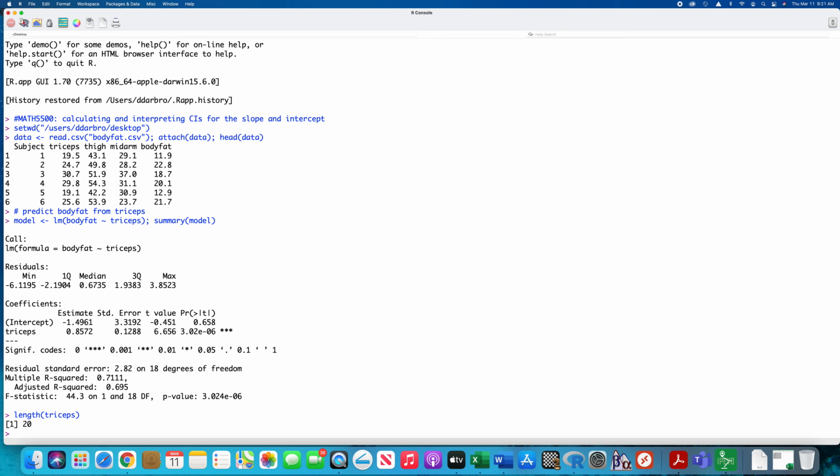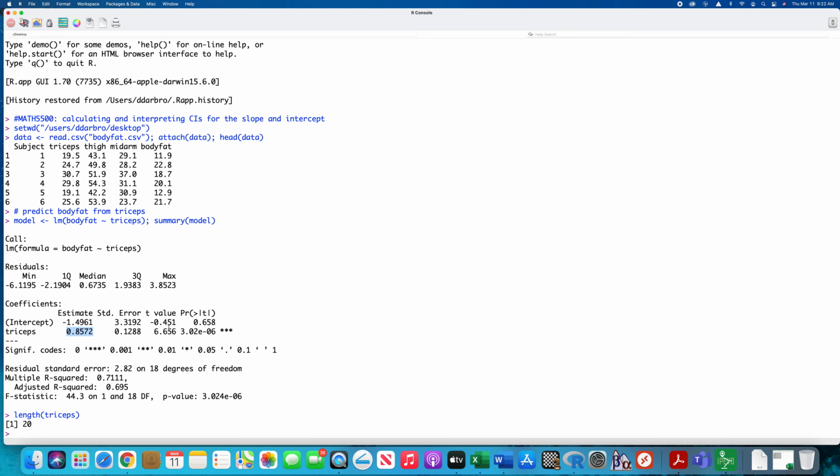Because this 0.857 is specific to these 20 subjects, I understand that the sampling distribution of my beta 1 is going to contain variation. In other words, if I take a random sample of 20 more subjects and measure their triceps, thigh, mid-arm, body fat, and so on, and I calculate the estimate for the slope and the intercept for them, it's going to be different.